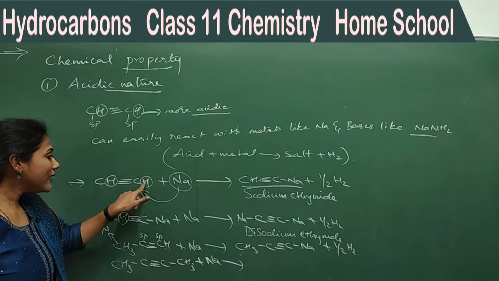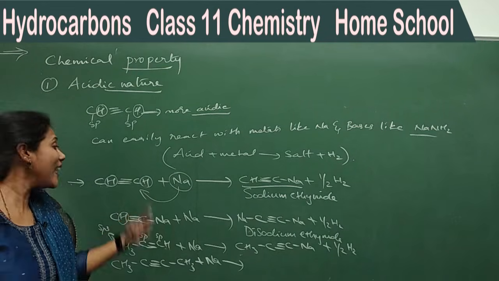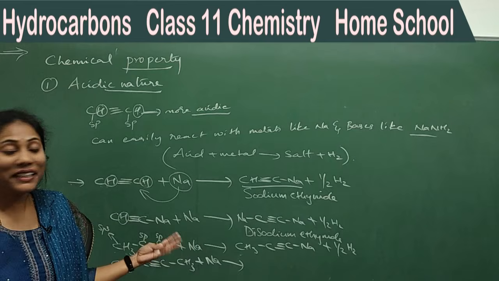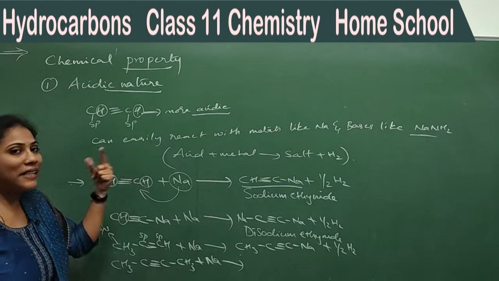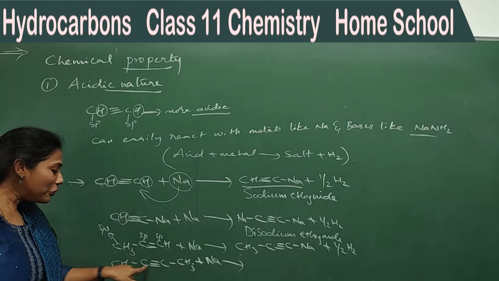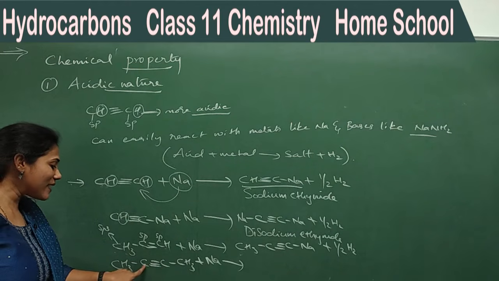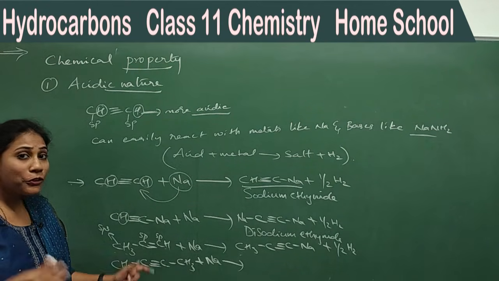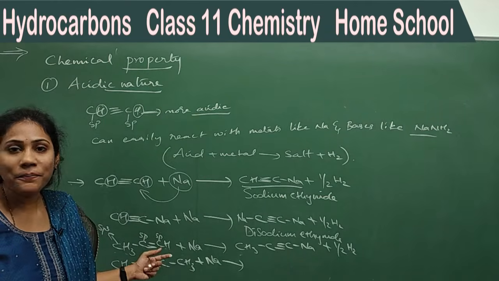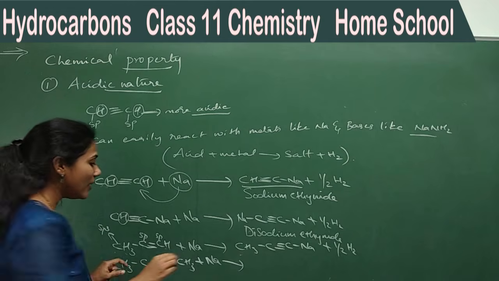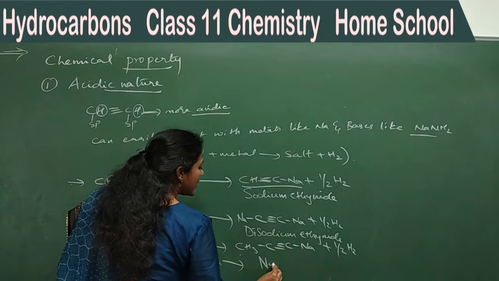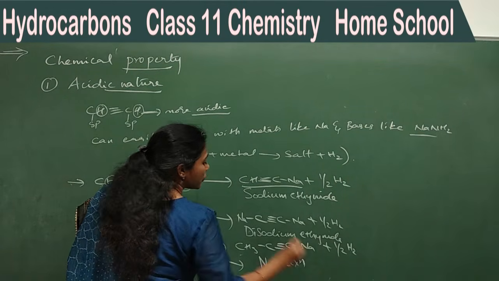You all know which hydrogens can react with sodium, right? You should have hydrogen atoms on sp hybridized carbon. Now look, which are the sp hybridized carbons? This and this. You don't have any hydrogen to replace. So does it react with sodium? No, never. So there is no reaction in this case.